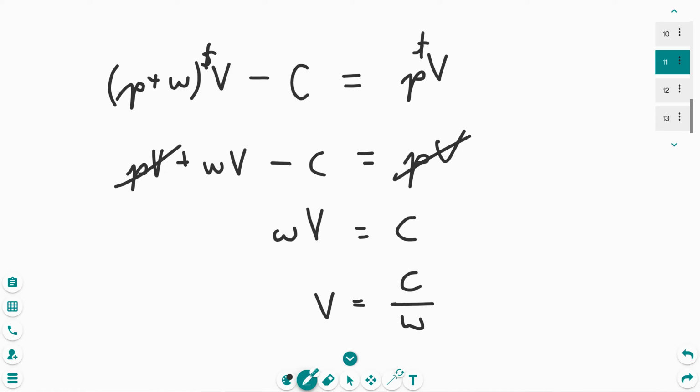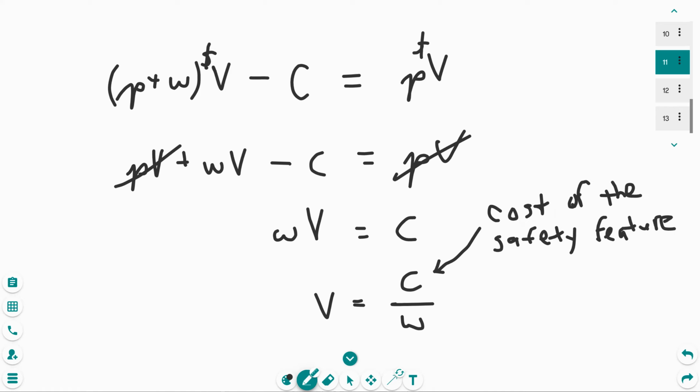And this is just the general form of the value of a statistical life V, where you have C, which is the cost of this product that's going to provide some additional safety. And we have omega, which is the extra probability of surviving that you get by having that product.